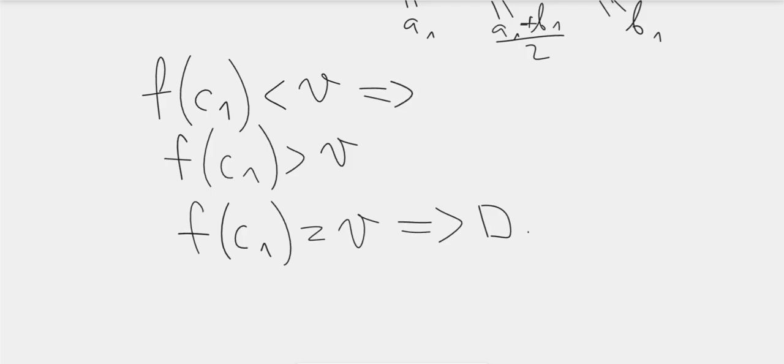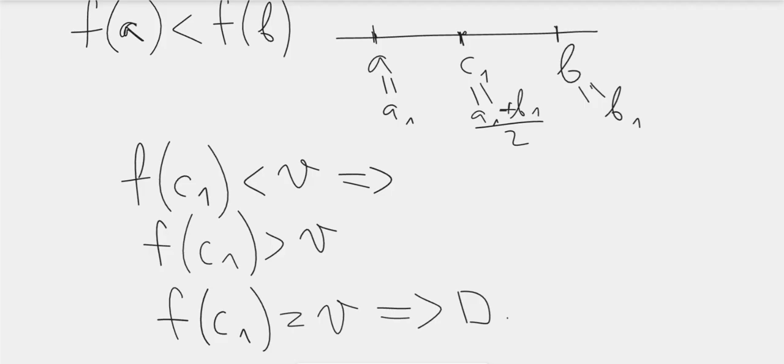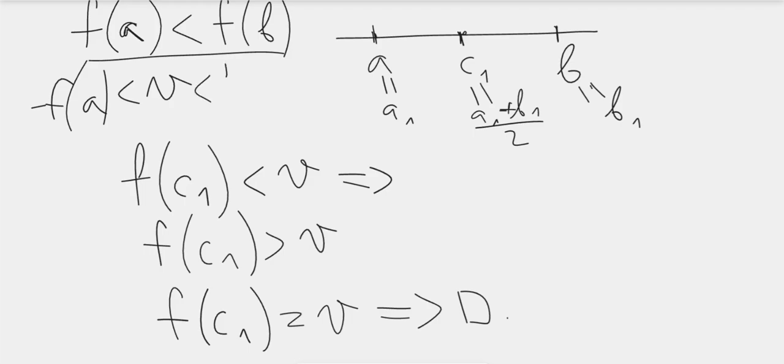Basically the idea is to take a sequence of intervals. When f of c1 is less than v, remember that because of this inequality, v is between f of a and f of b, right? So we need this similar inequality to hold for a1 and b1, for all indices.